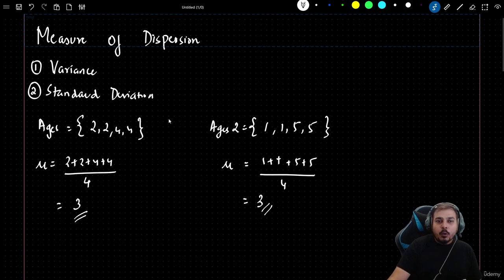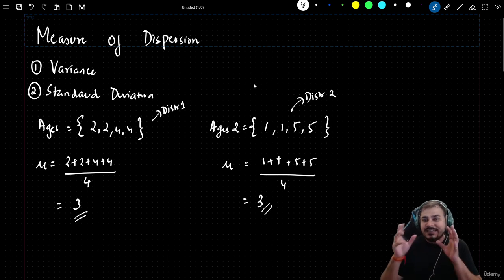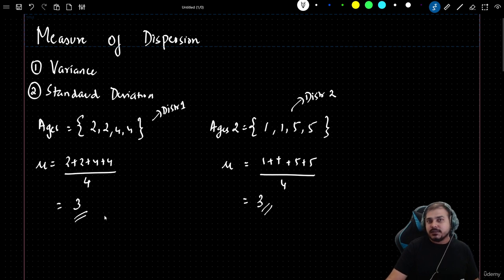Now, one thing that you can note over here is that I had two different distributions. Let's consider this is my distribution 1 and this is my distribution 2. When I'm calculating the average of this particular distribution, it is 3. Over here you can see the mean is 3. But how can we differentiate these two different distributions? Because understand, the data points present inside them are completely different.